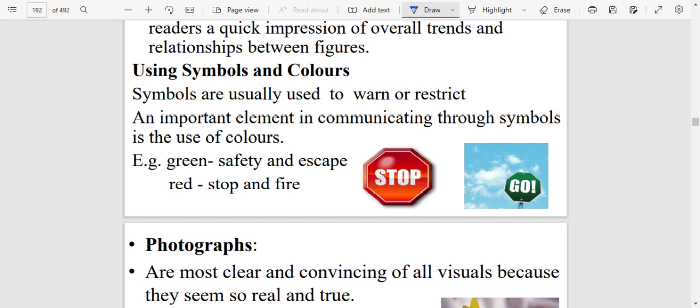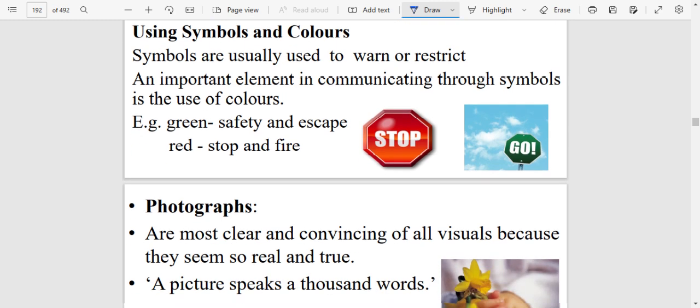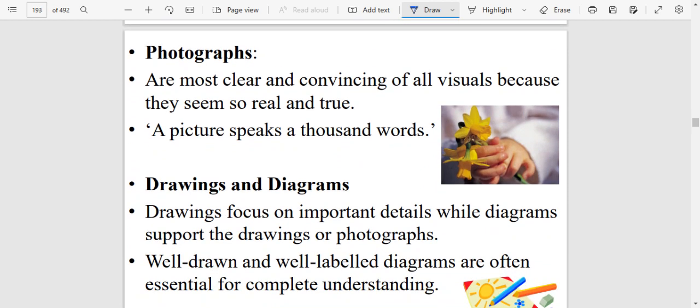It is very difficult for someone to read. But because of colors, people know that this color means stop, this color means continue. It is much easier for people to follow that. So symbols are usually used to warn or restrict. An important element in communication through symbols is the use of colors. For example, green means safety and escape, red means stop and fire, just like when you're talking about road traffic.